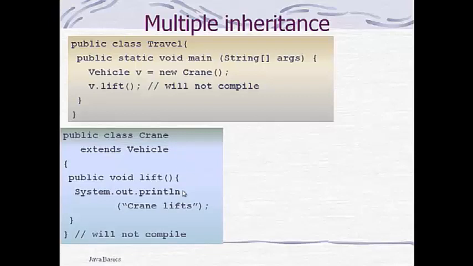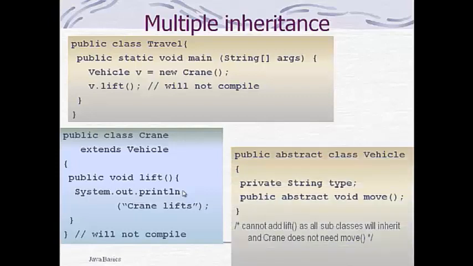Crane has a method lift, and Vehicle is not having the method lift but having the method move.